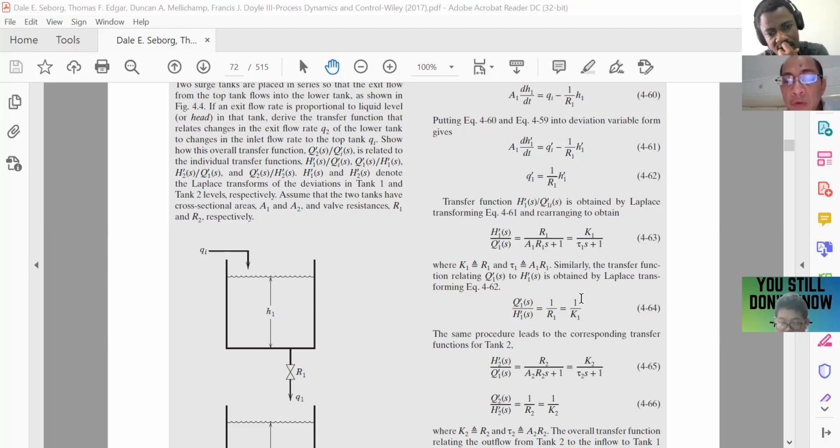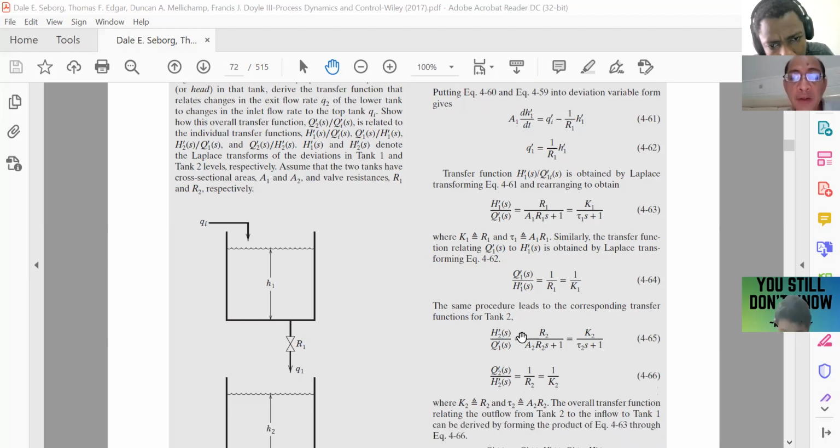So it will be 1 over K1 times K1 over tau 1 s plus 1, which is 1 over tau 1 s plus 1. Okay. The same procedure leads to the corresponding transfer functions for tank 2.